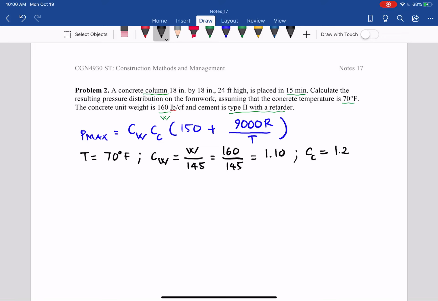Now what we are missing is R, the rate of placement of the concrete. The rate is determined by the height over an hour. The column is 24 feet high and placed in 15 minutes.